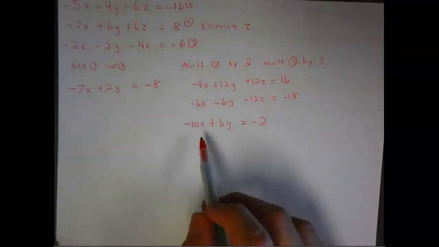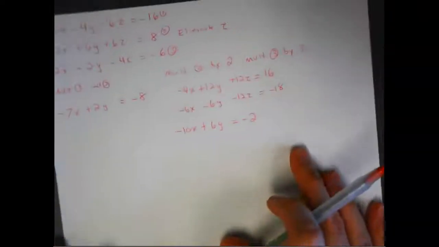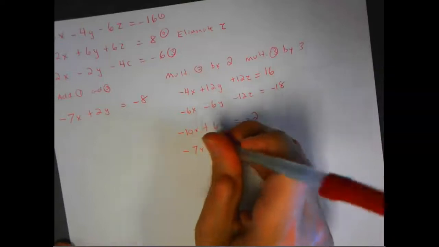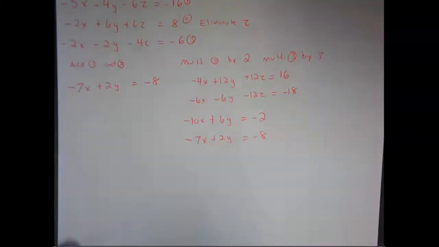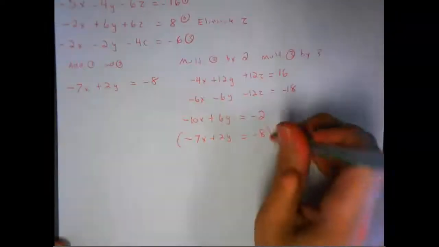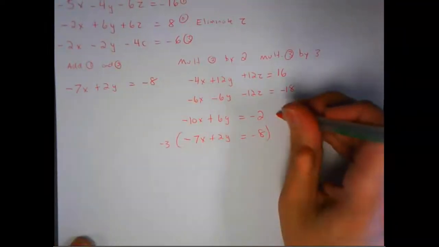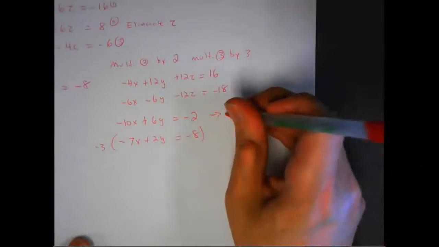Here are my two equations with two variables. Awesome. Now I can use elimination. I'll just multiply this by negative 3. So the top one stays the same.